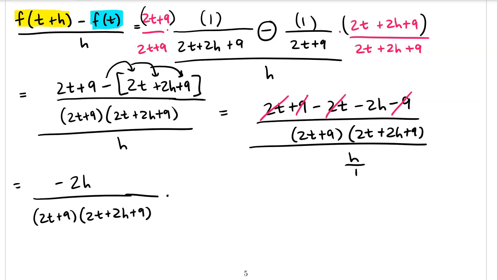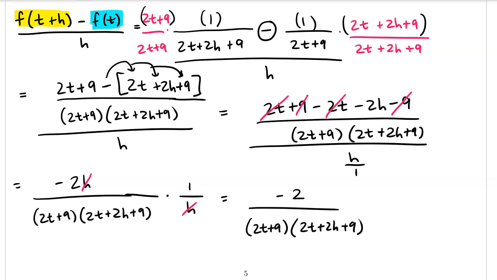We're going to multiply by the reciprocal of the denominator. Now what happens is I have an h in the numerator and an h in the denominator. And then this is going to simplify to negative 2 over 2t plus 9 times 2t plus 2h plus 9.